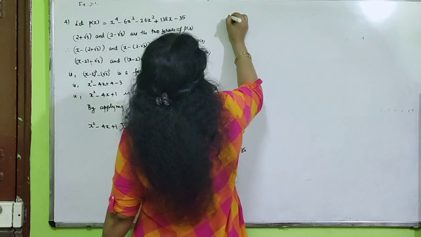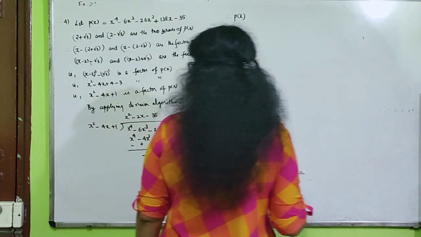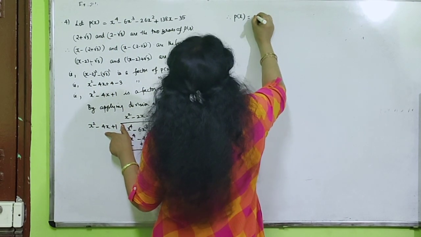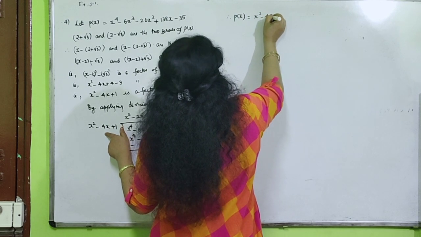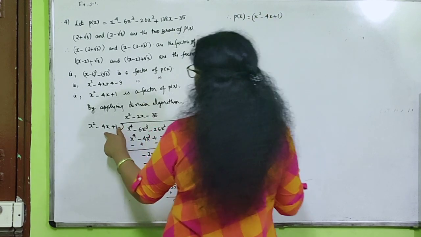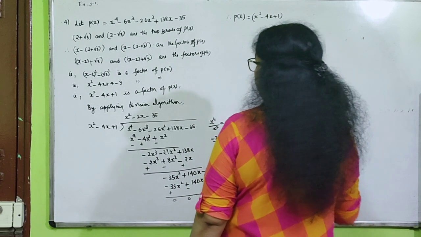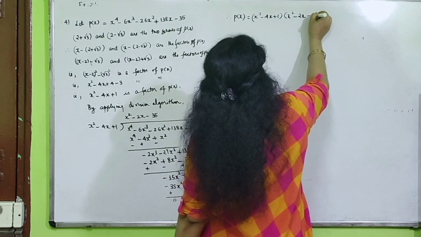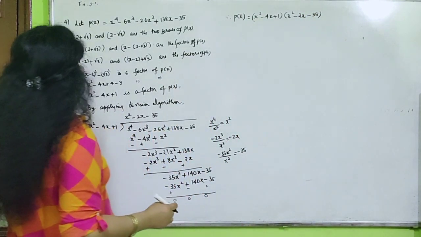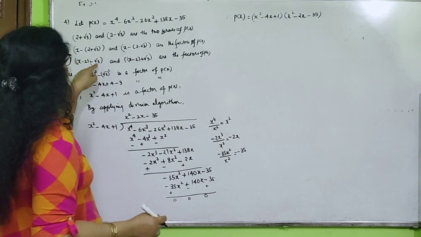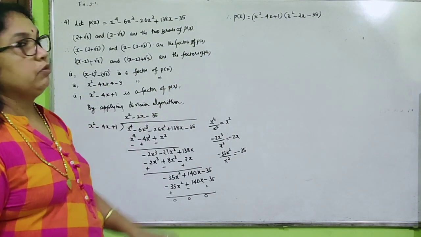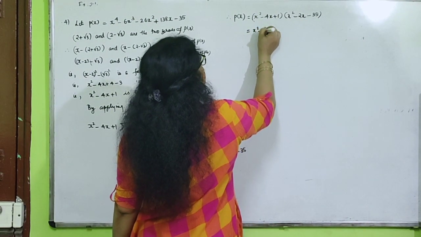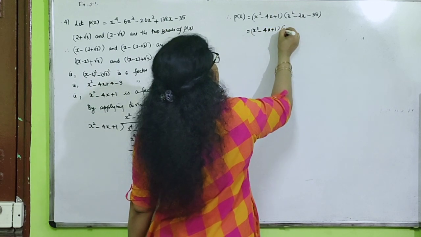Therefore, now what is p of x? Its factors are the product of these: x square minus 4x plus 1 times x square minus 2x minus 35. The first one is the product of x minus 2 plus root 3 and x minus 2 minus root 3, so I am writing it like that only. This other term you have to factorize: x square minus 2x minus 35.